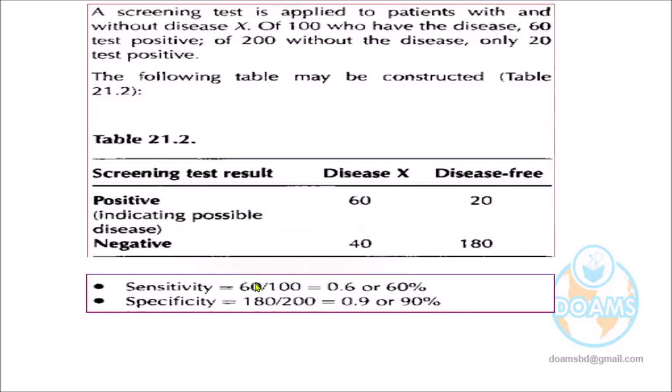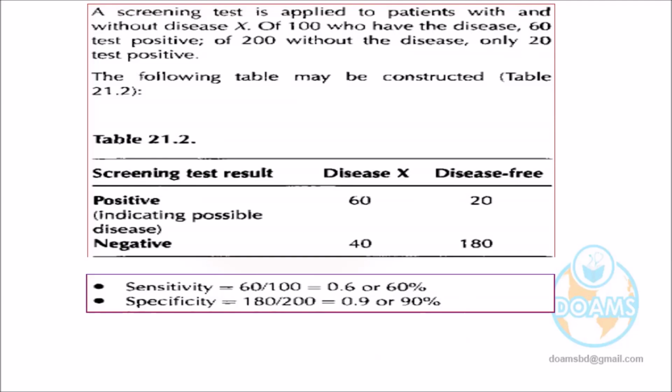0.75. 0.75 is the positive predictive value. And for the negative predictive value, you have to write the true negative divided by the summation of the side.